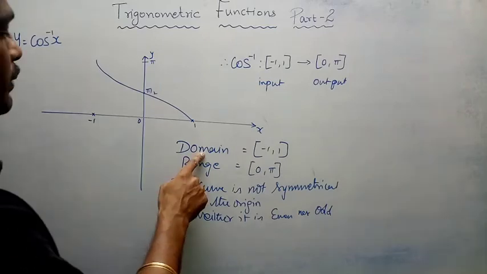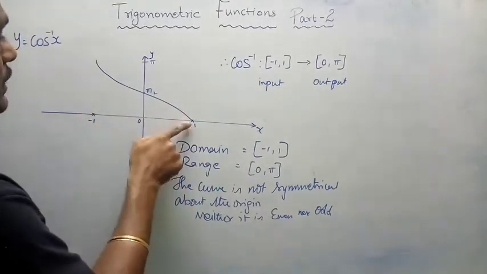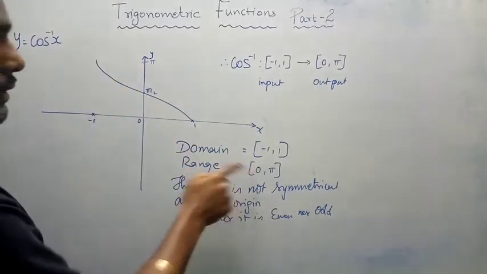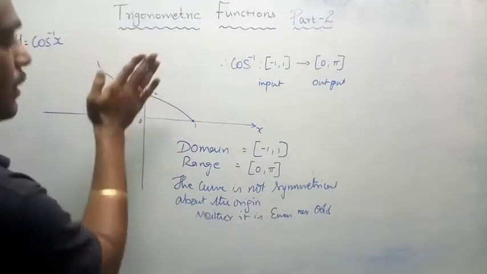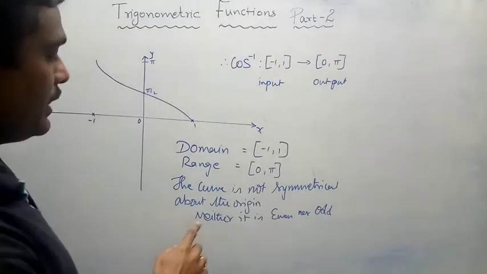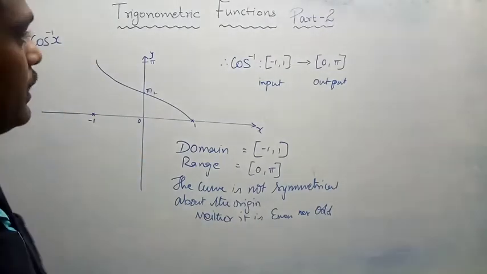So the domain is minus 1 to plus 1. The range is 0 to 180 degree. The curve is not symmetrical about the origin because when you fold vertically or horizontally it won't coincide. Therefore cos inverse x is neither even nor odd.